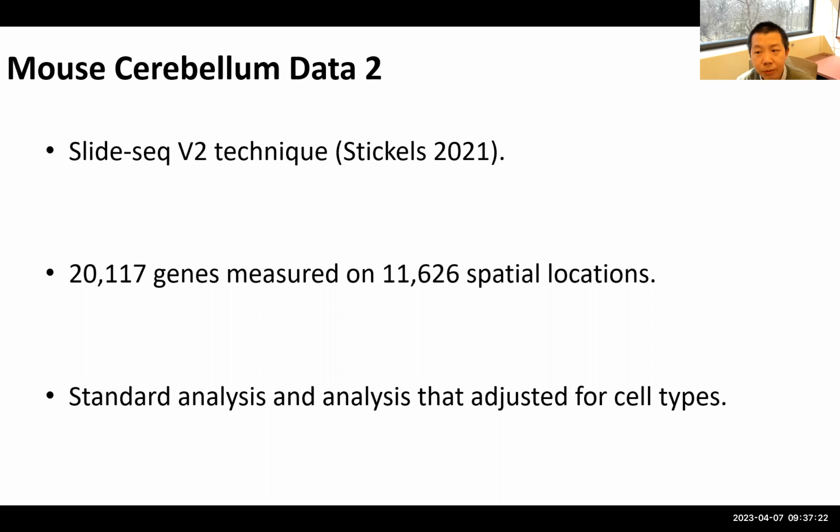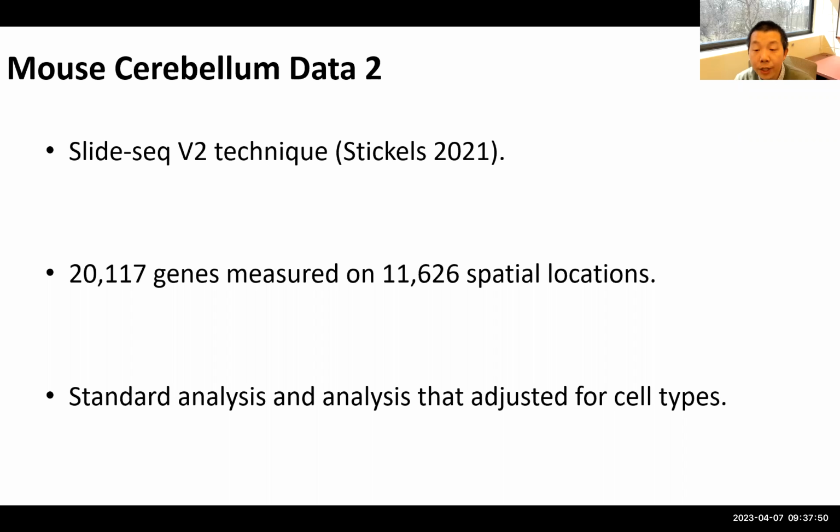So we decided to test whether that's true or not. It turns out to be half true. To do that, we looked at another mouse cerebellum data set from Stereo-seq version 2. We have 20,000 genes measured on 11,000 spatial locations. And we did two SE analyses. One is our standard SE analysis, trying to detect the SE genes. The other is where we introduce the cell type compositions as covariates to control for the cell types.